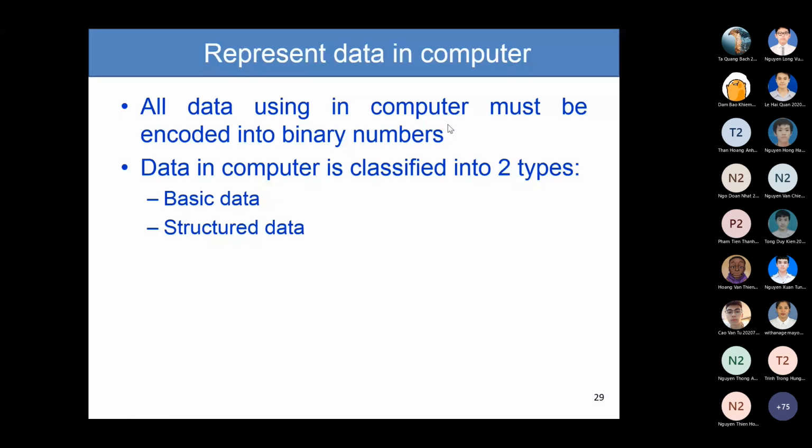So it means your picture has a resolution of 1 megapoint. Each point consists of different information like color, contrast, and so on. Each kind of information is a real number or an integer, and we also represent that real number or integer as a binary number, and then we store all the binary numbers of the picture in the computer or smartphone.